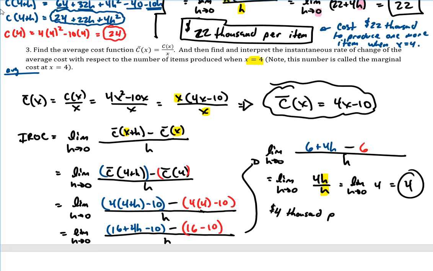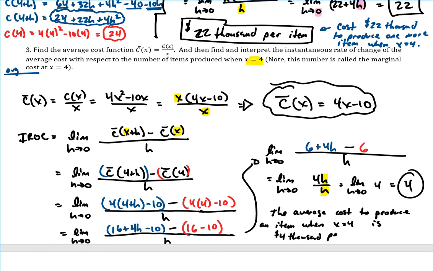Well, let's word it like this: the average cost to produce an item when x equals 4 is $4,000 per item.